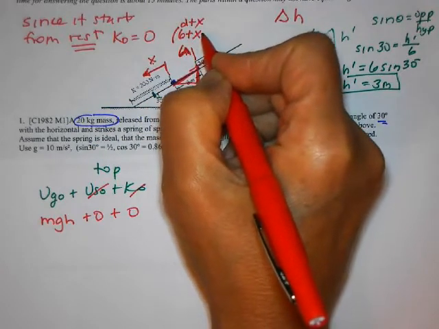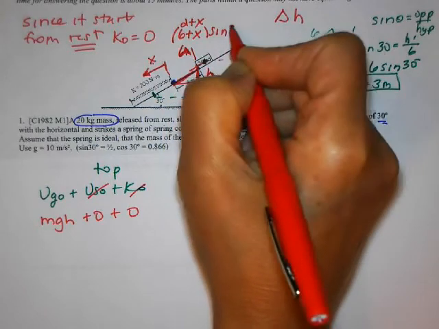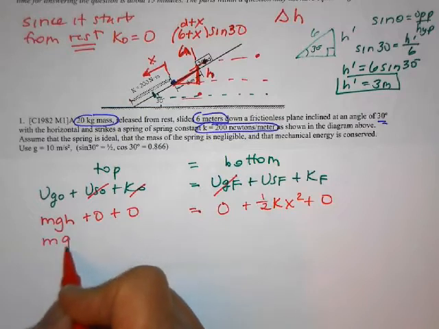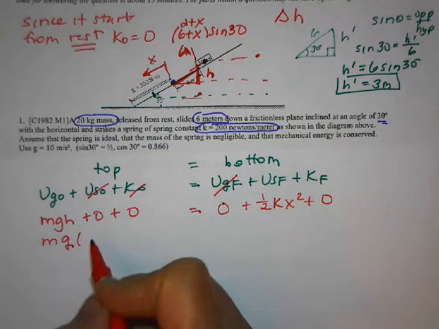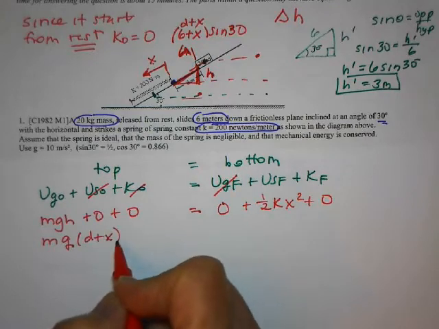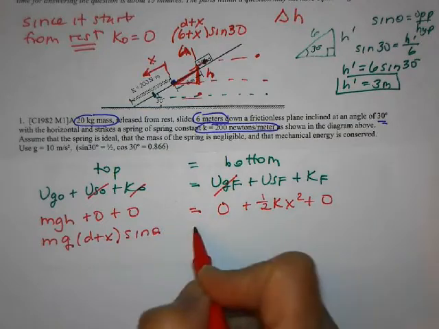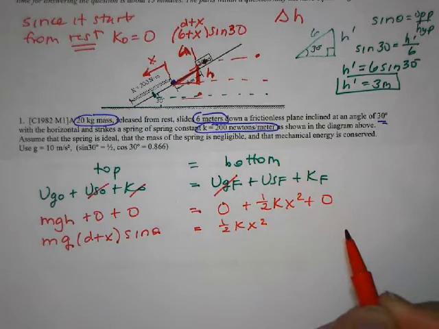So 6 plus x sine of theta, which is sine of 30. So now when I do this, this is going to be mg d plus x. I'll just write the d plus x, because a lot of times they might be in terms of variables. Sine of theta is equal to 1/2 kx squared, and now we're solving for x.